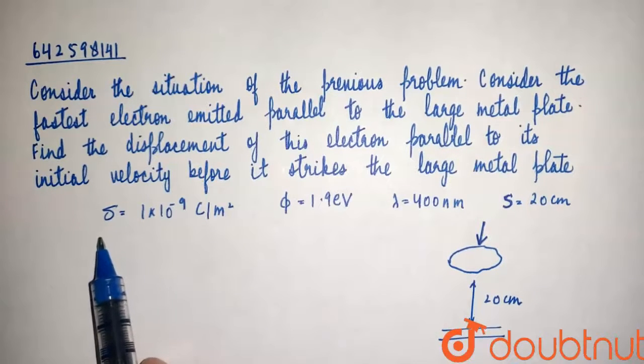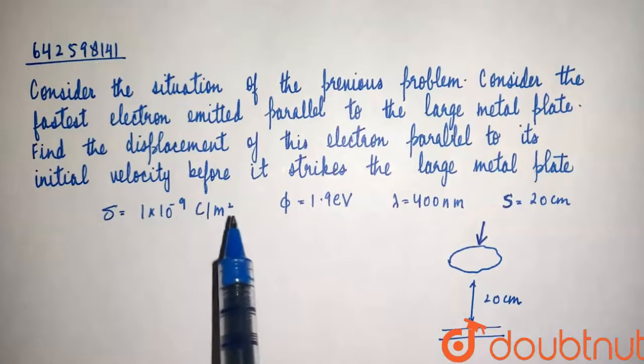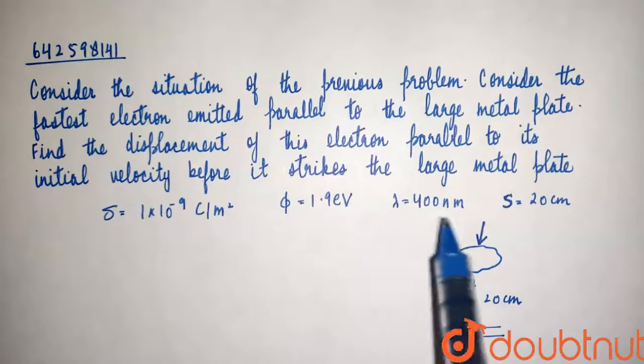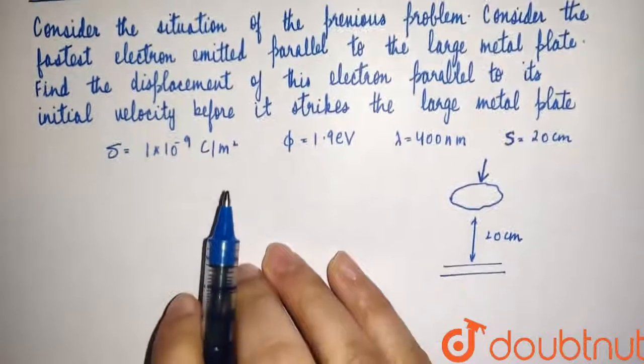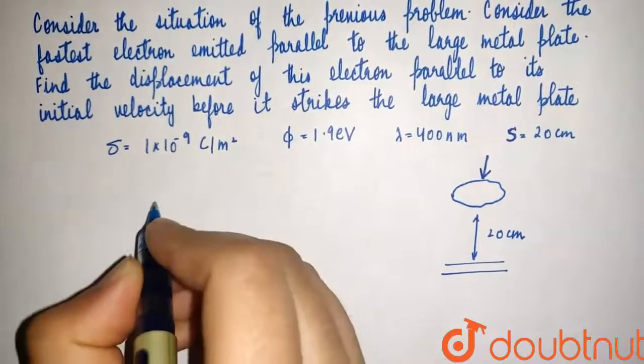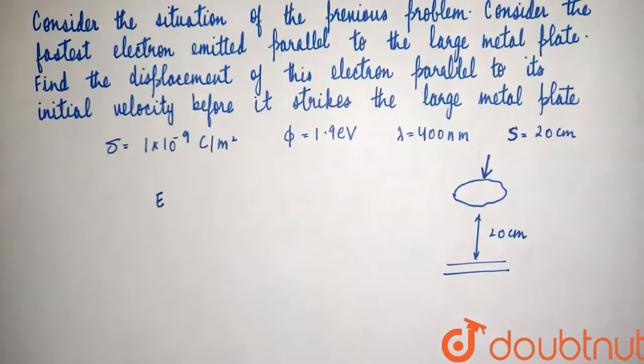In the previous question we were told that sigma, that is charge density, is equal to 1 into 10 to the power minus 9 coulomb per meter square. This was also given, and S is also given. So let's first calculate the electric field. Now see, why are we calculating the electric field? We need to calculate distance, that is S, right?